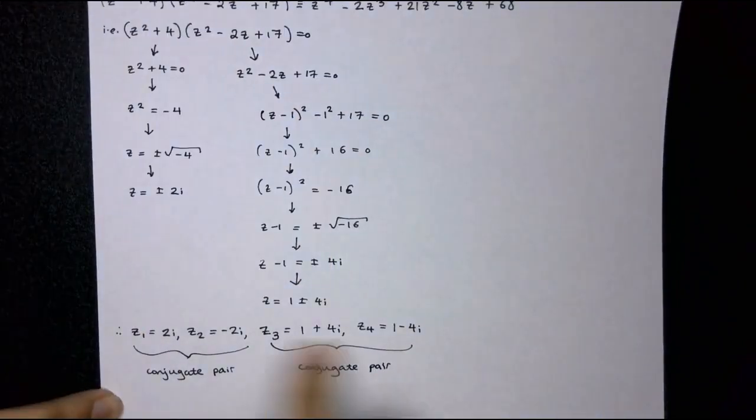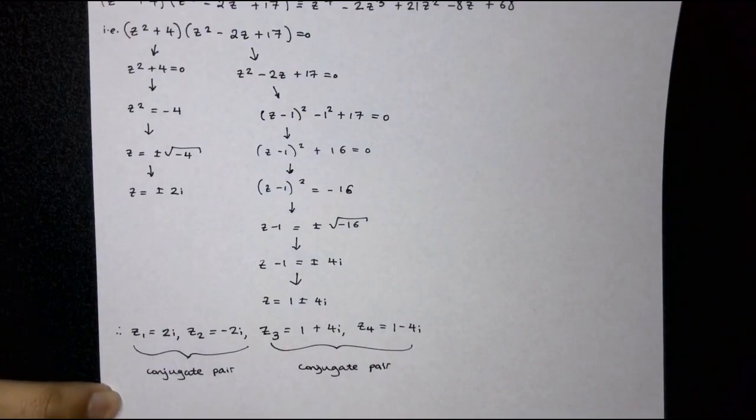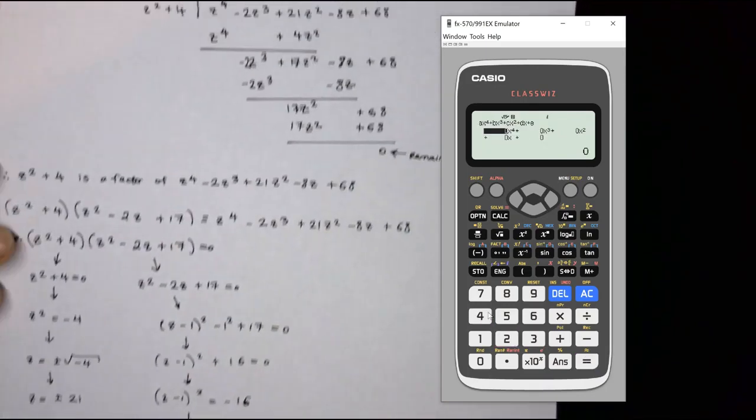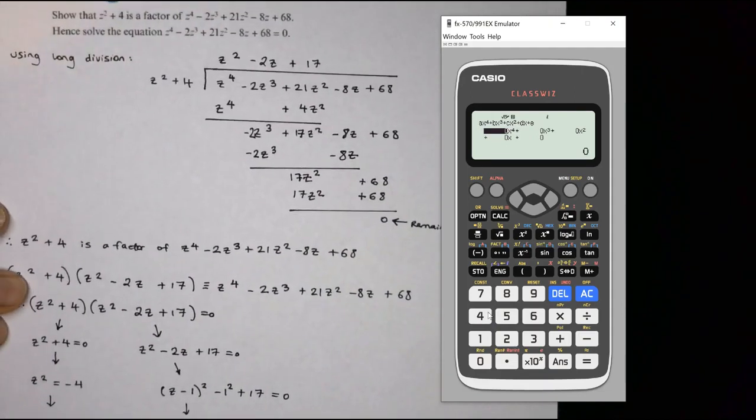So therefore these are our results, and if we go to our calculator we can use the equation function menu to solve this. We have a polynomial of degree 4. We simply type in our polynomial, so we have 1z to the 4 minus 2z cubed plus 21z squared minus 8z plus 68.